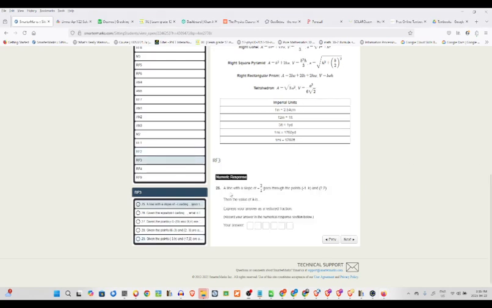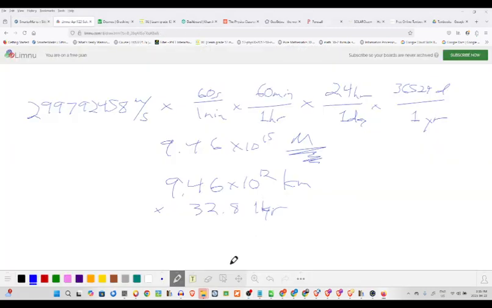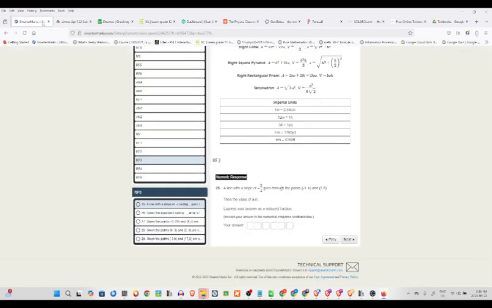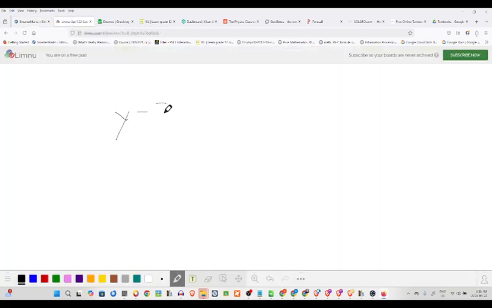All right. A line with a slope of -2 goes to the points (-1, k) and (2, 2). The value of k is... So this means we have y. If we put it in point-slope form using the known point (2, 2), y minus 2 is -2 times (x minus 2).